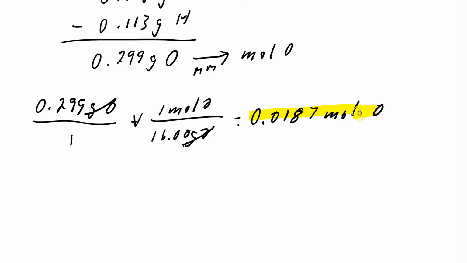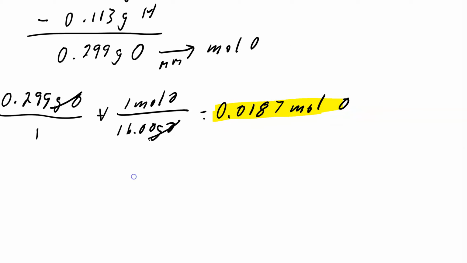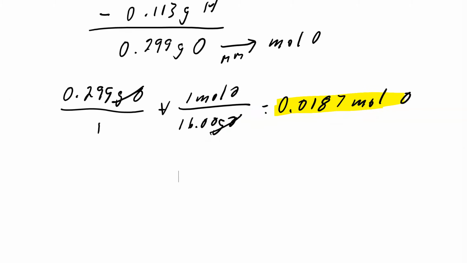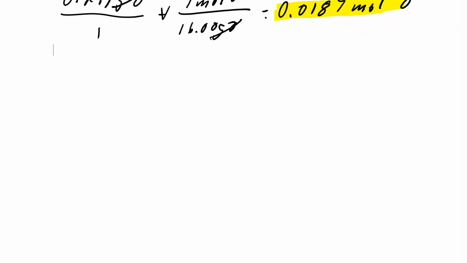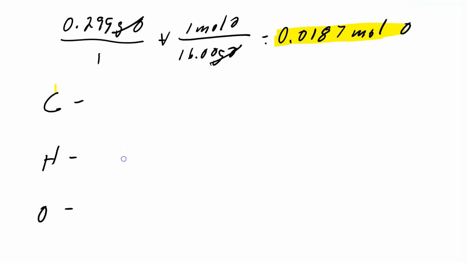Let's highlight that. So now we have the moles of all 3 elements that we're interested in in this compound. So let's list them here now, because now we have to find the smallest whole number ratio. So we have carbon, hydrogen, and oxygen. Oxygen, let's do that here because I got the number right here.